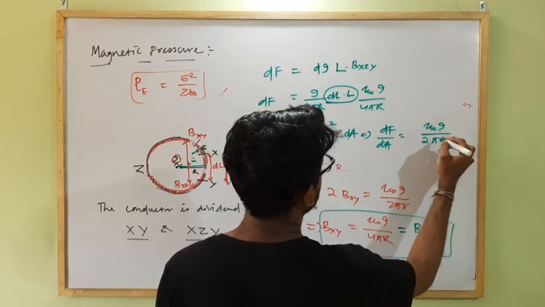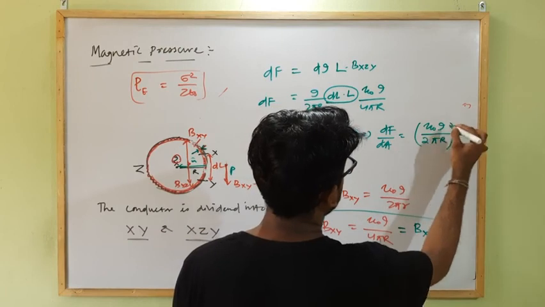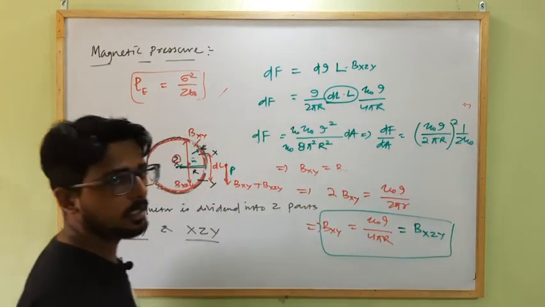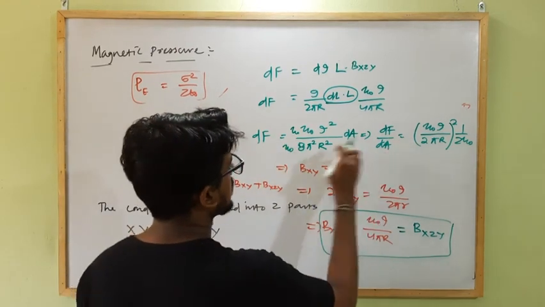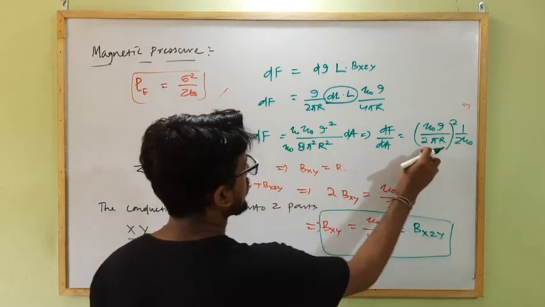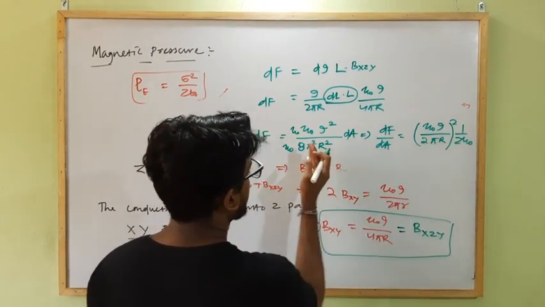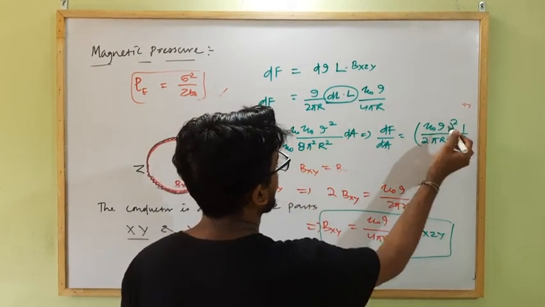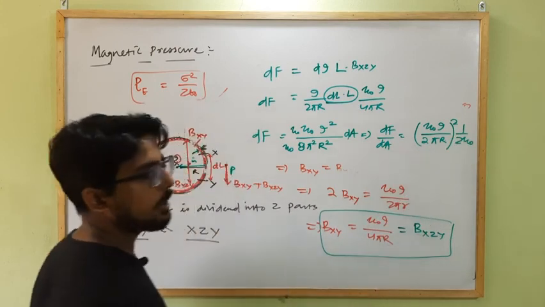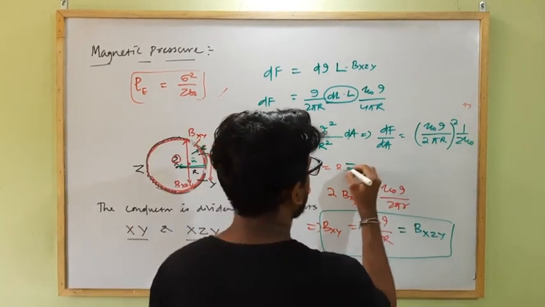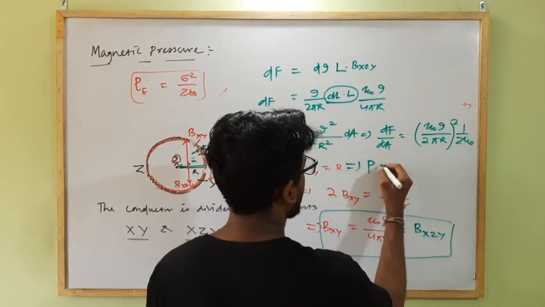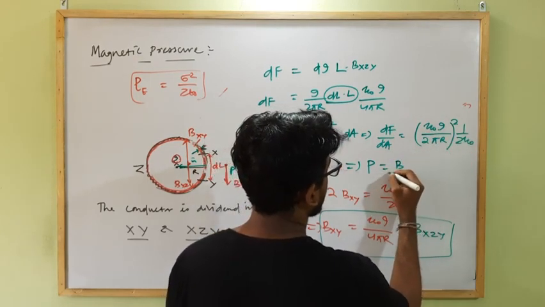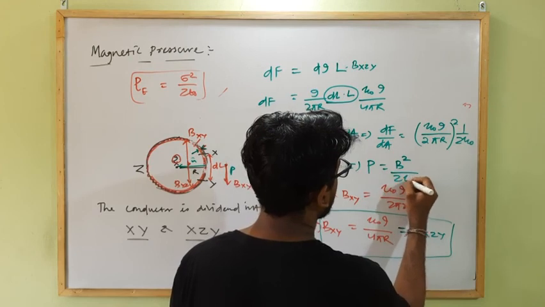So mu naught I by 2 pi r whole square into 1 by 2 mu naught. Clear? I am arranging this. It will be 8 pi square r square. It will be 2 pi r taking square into mu naught I whole square into 1 by 2 mu naught. Clear? So this implies the pressure dF by A equal to mu naught I by 2 pi r, which is how much? B square divided by 2 into mu naught.